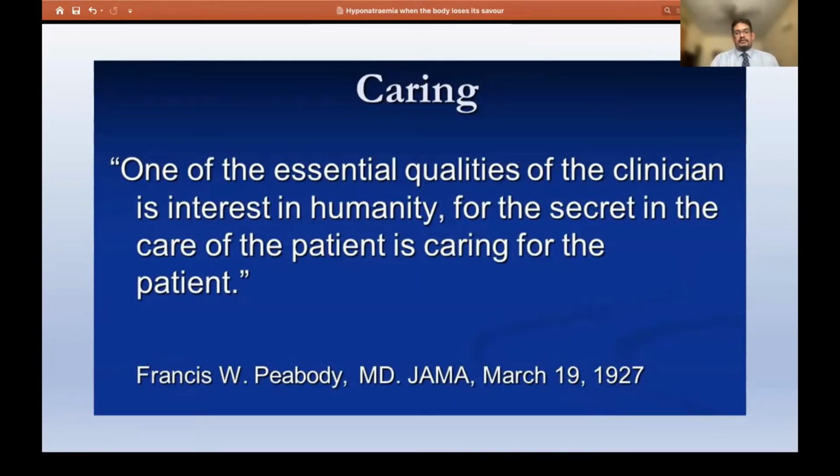Because the secret in the care of the patient is caring for the patient. In all that we do, even in this topic or whatever we go across in our life, let this be something that echoes within our minds.